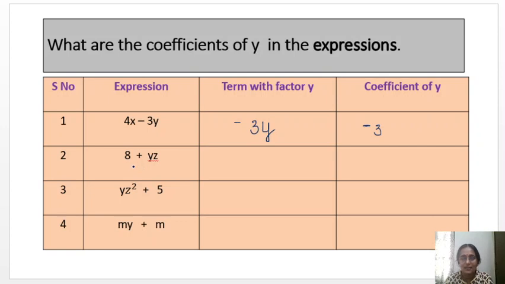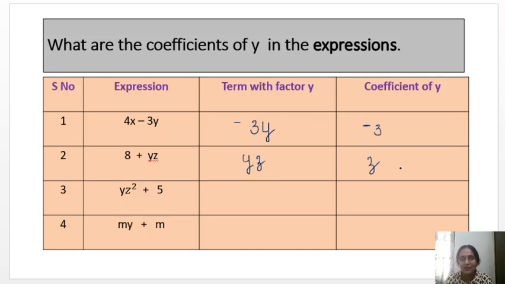Now in this second expression, 8 plus 5yz, the term which consists of the y factor is 5yz. So what is the coefficient of y here? It is 5z. They didn't specify that you should write the numerical coefficient, so leaving the y, you write down the rest of the factors of the term.